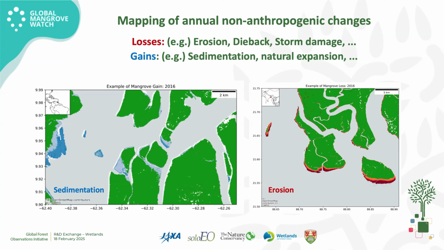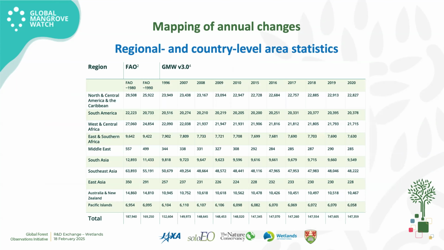On the right side, you have the Sundarbans wetlands, where you have erosion of the mangroves, also due to natural causes. So basically, what we can produce are both regional and country level statistics on an annual basis, and this could help feed activity data for your countries.